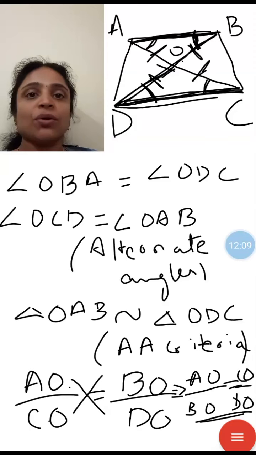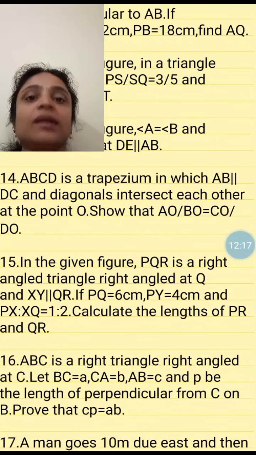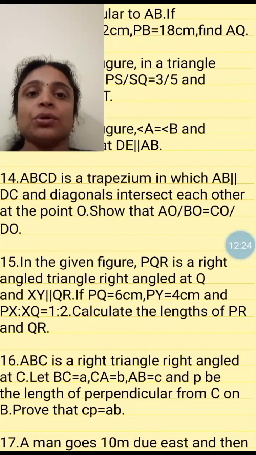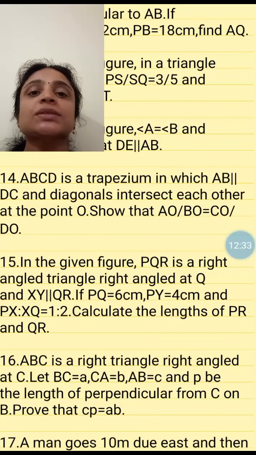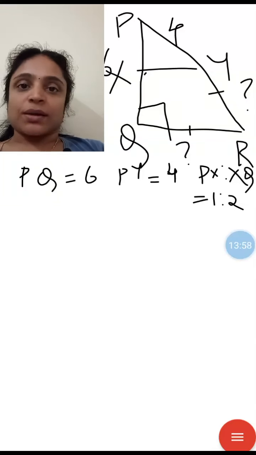Okay, understood? Next question is, in the given figure, PQR is a right-angled triangle, right-angled at Q, and XY is parallel to QR. If PQ equal to 6 cm, PY equal to 4 cm, and PX is to XQ equal to 1:2, calculate the lengths of PR and QR. In the given figure, it is given that XY is parallel to QR.